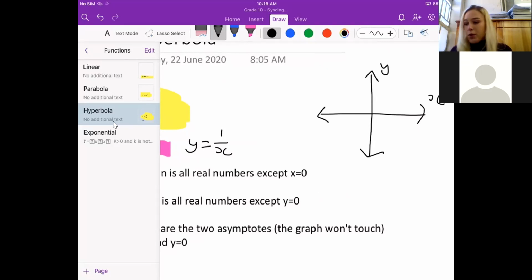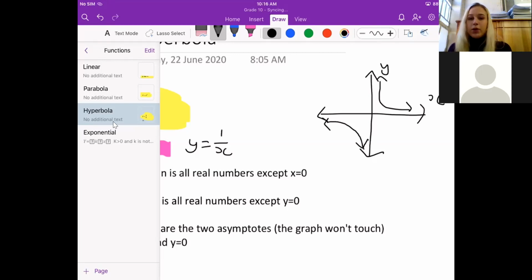If we draw our hyperbola, our positive hyperbola looks like this. It's in this quadrant, and it's in this quadrant. So this is y equals 1 over x. This line keeps on going forever in the upwards direction and in the sideways direction, and our bottom one continues as well in that direction and downwards.